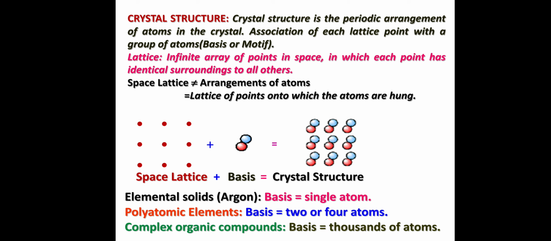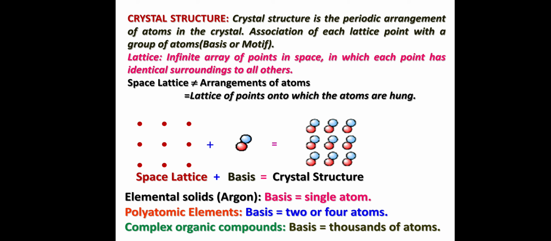Means on these locations, the basis may be a single atom, or it may be a group of atoms, molecules or ions. They are to be hanged at these lattice points. So the basic equation for crystal structure is, it is a combination of space lattice and a basis.